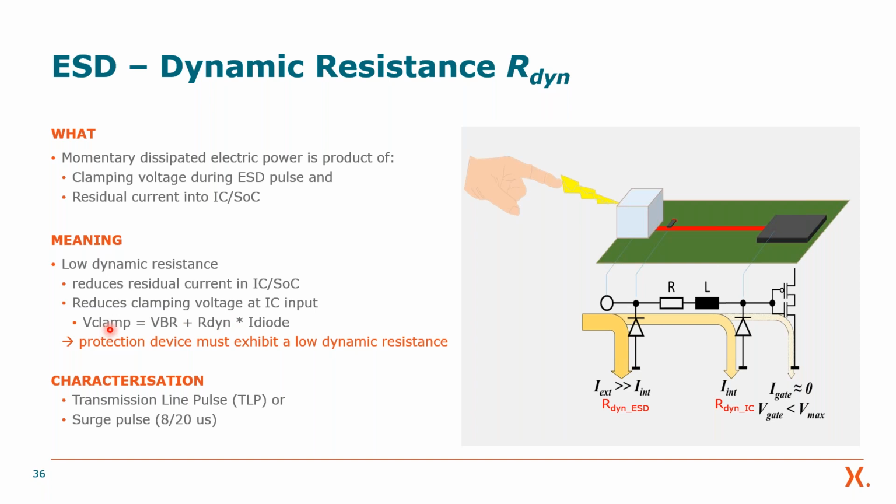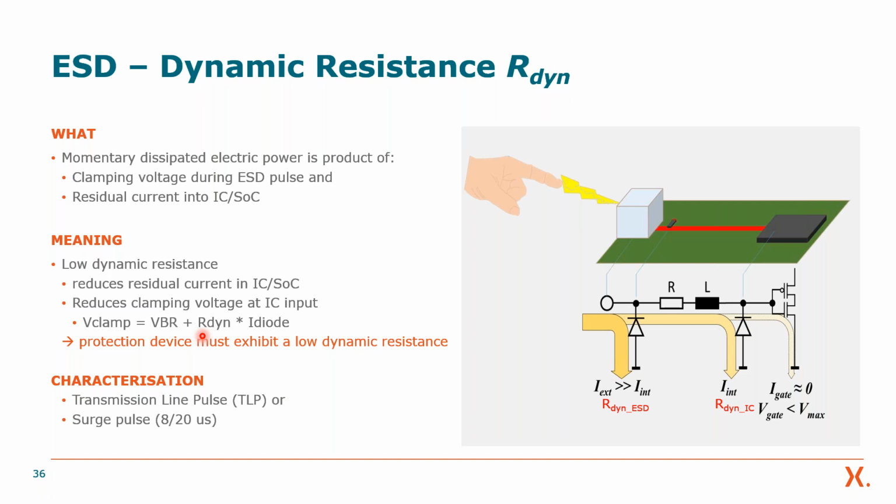Yeah, so clamping voltage was always referring to a certain current or a certain amplitude of the pulse. Here we can actually exclude this value by just looking at the resistance. So the lower the resistance, the lower the clamping voltage will be. So it gives you a more generic value.